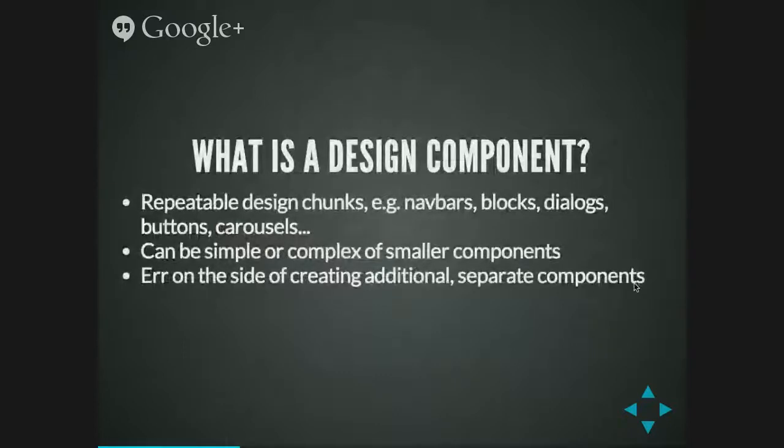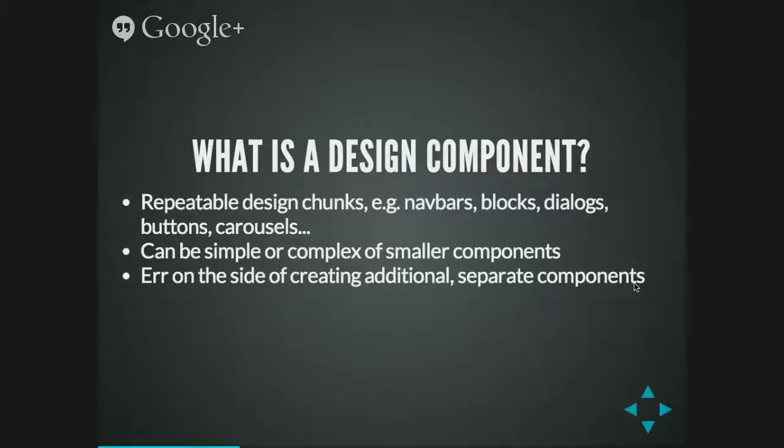So, a design component, again from SMACSS, they would say modules. There are repeatable design chunks: nav bars, blocks, dialogues, buttons, carousels are examples of components. And I'm going to talk mostly about components because that's what, as a Drupal themer, you end up having to do the most of. So they can be simple, like a button, or they can be pretty complicated and made of smaller components.